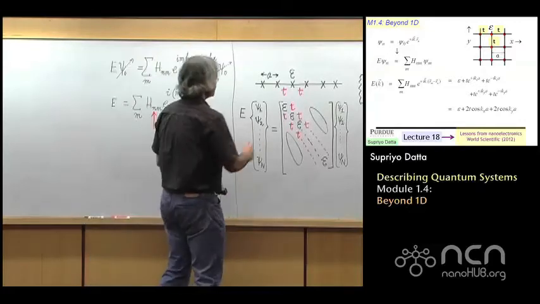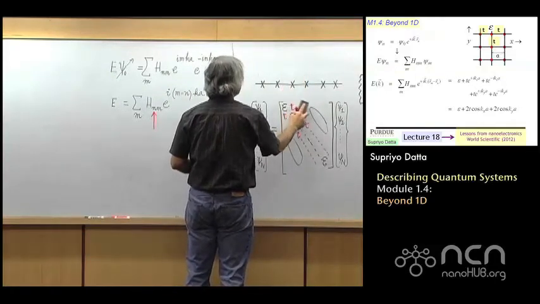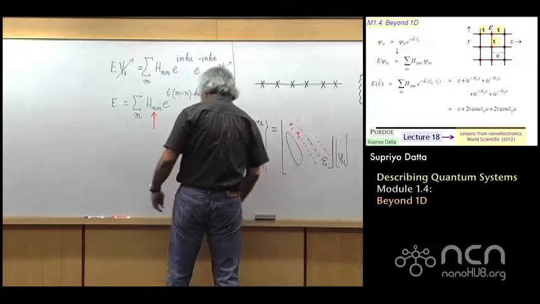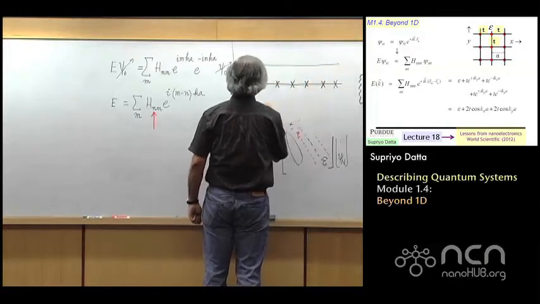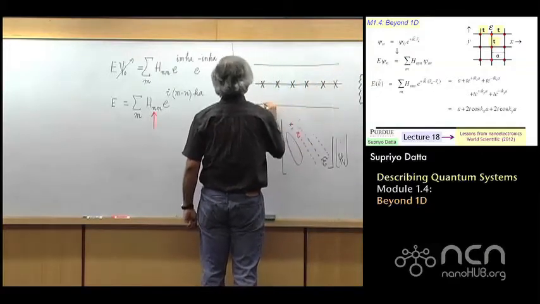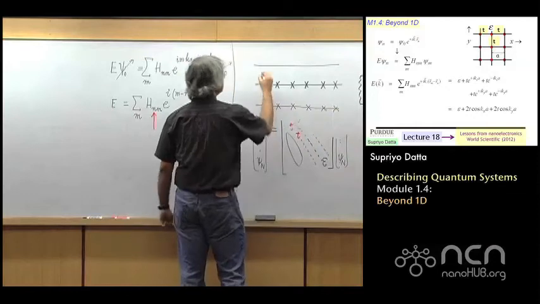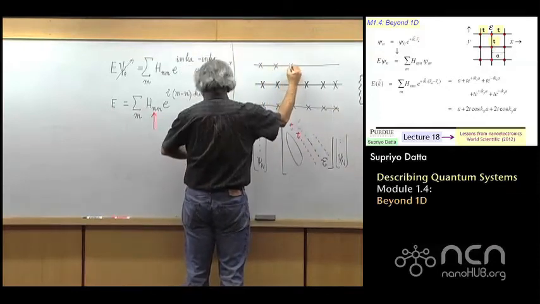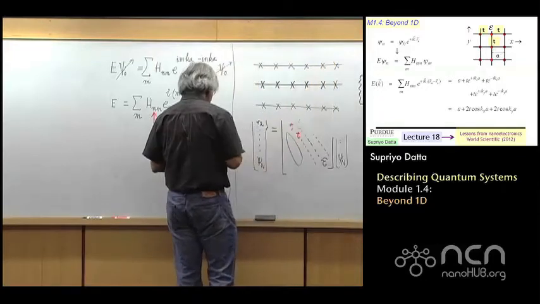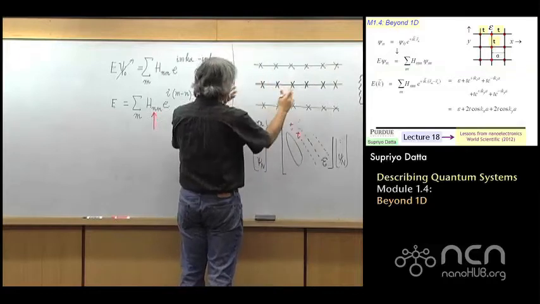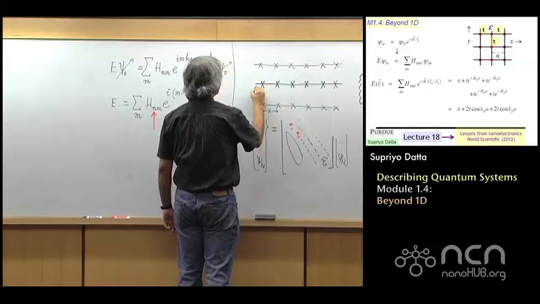Let me explain. So supposing here, instead of just this one-dimensional wire, I actually have a 2-dimensional lattice. And for simplicity, I'll assume it's a square lattice, which means if the distance is a this way, it's also a this way.